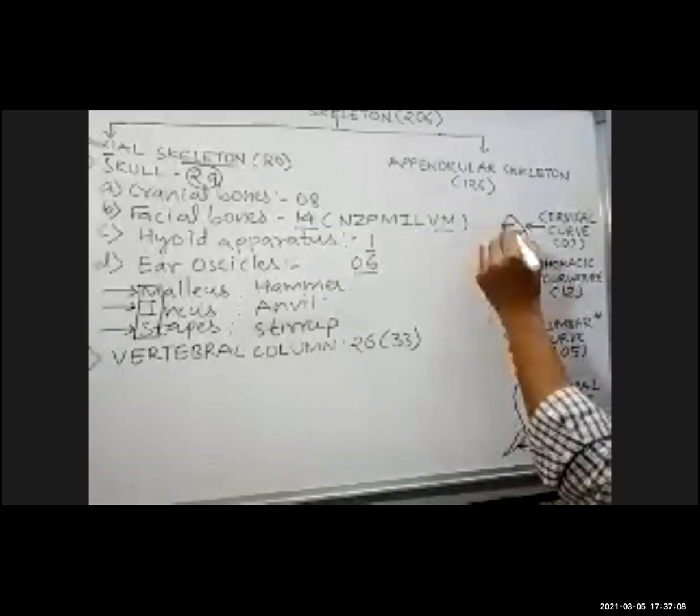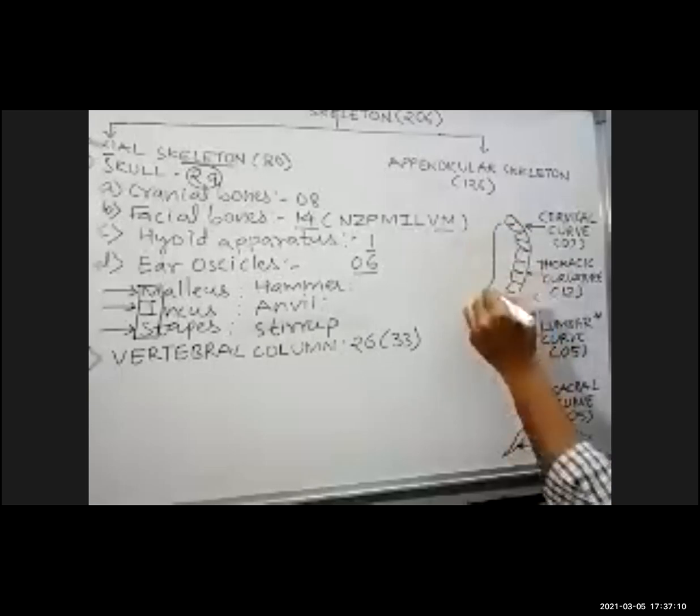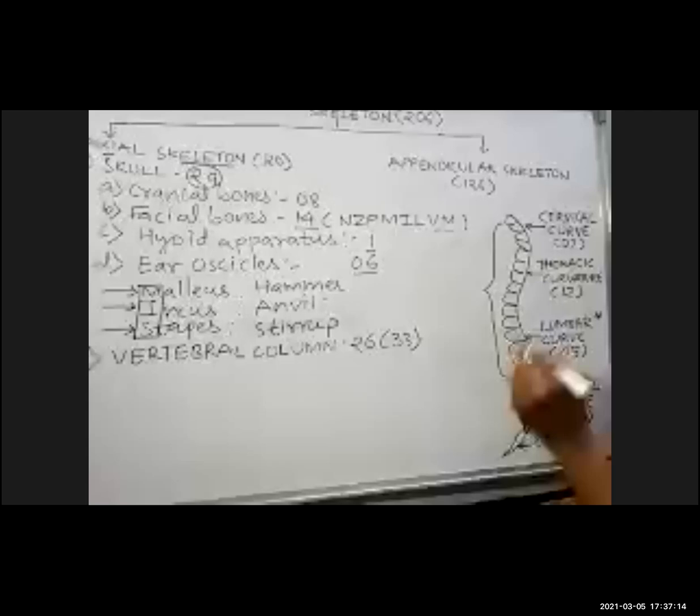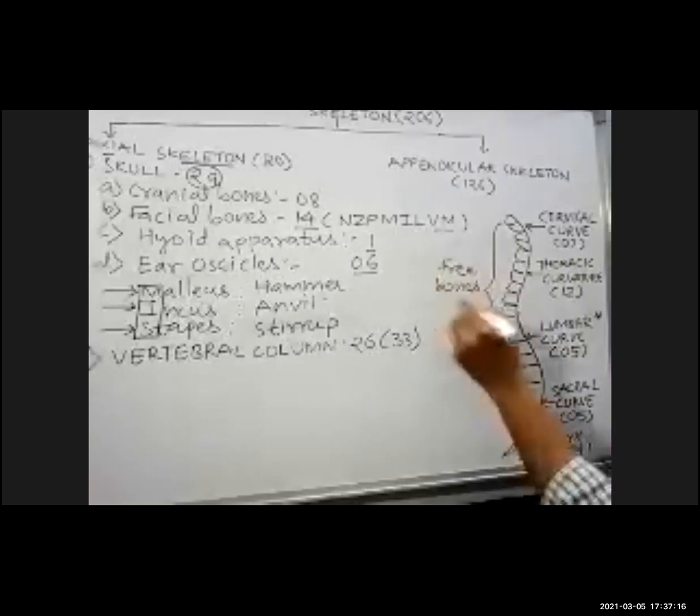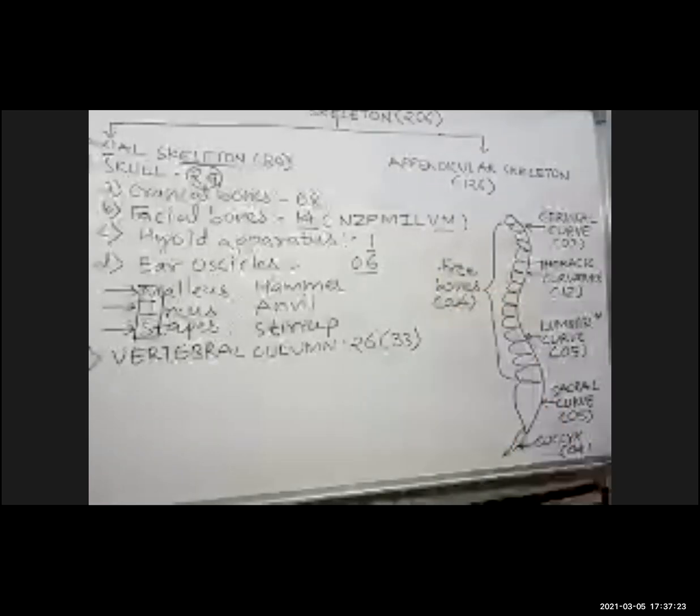These many bones, if you talk, these are all free bones, can be separated from each other. So how many are free bones in total? Free bones are 24. Yes or no? I will show you now those free bones, how they look, and how you can separate them.